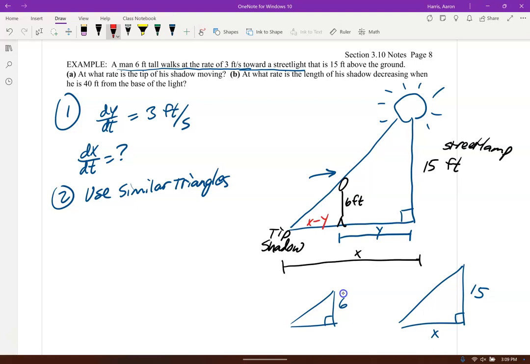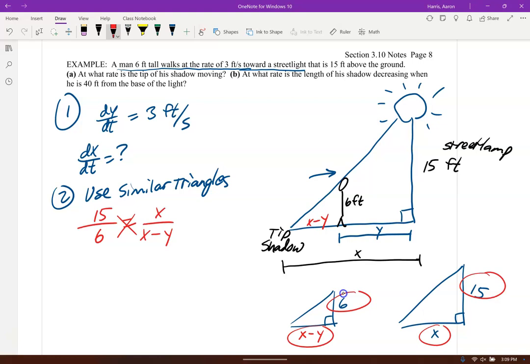So what I'm going to do is, 15 is to 6 as x is to x minus y.